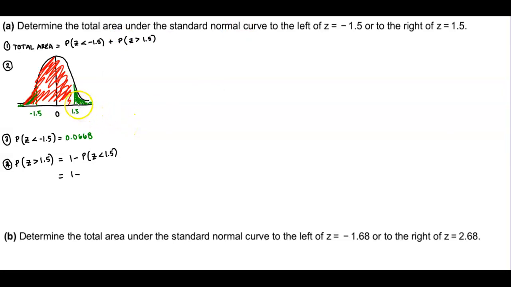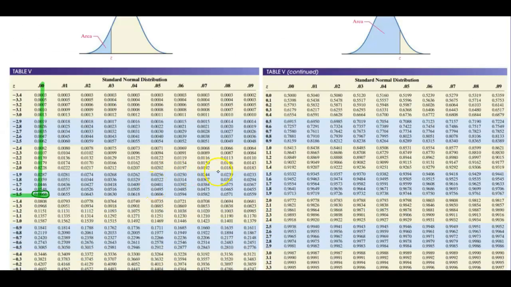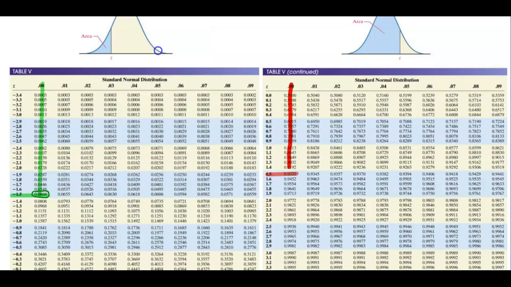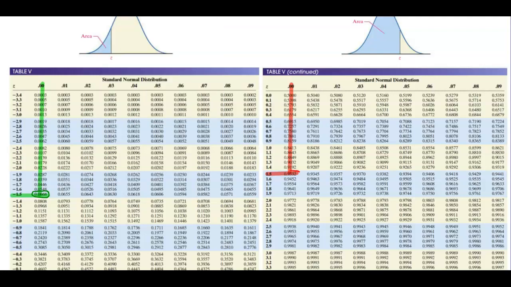So what is the area to the left of 1.5? Well, let's take a look at that here. We're going to go to 1.5, so we're looking for 1.50, and we can see that that represents the area of 0.9332.